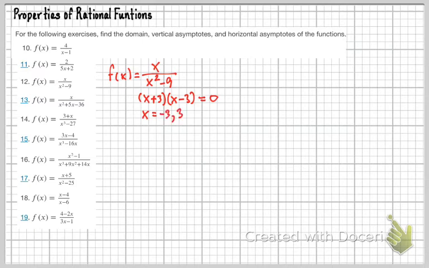So the domain then is going to be negative infinity to negative 3, union negative 3 to 3. Let me fix that 3. Union 3 to infinity. So that's my domain.